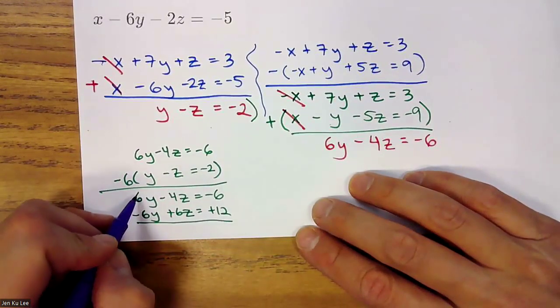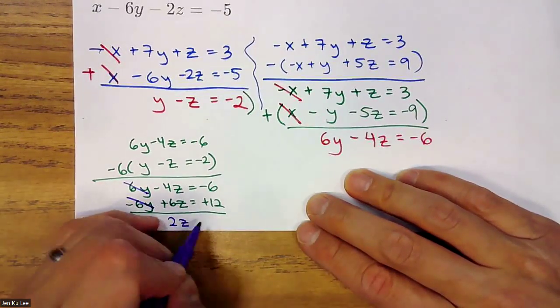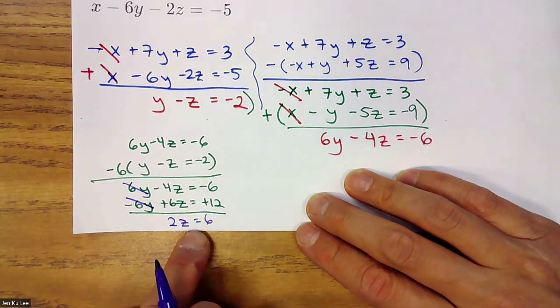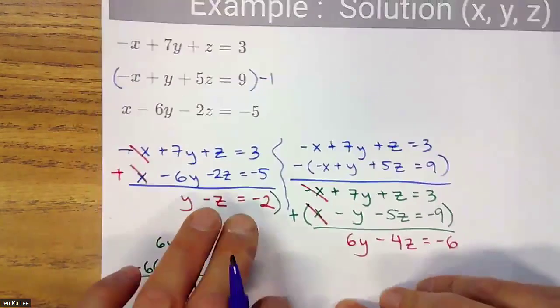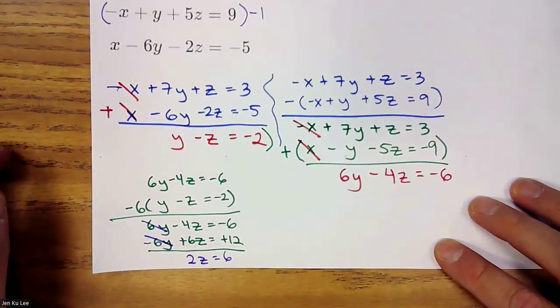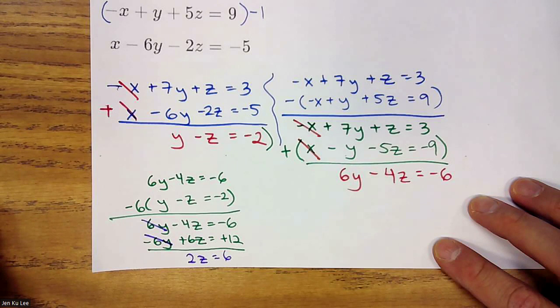Okay? So then those two guys cancel out, and you're left with 2z equals 6. And then you can solve for z, plug that back into here, and then get y, and then plug that back into here to get x.